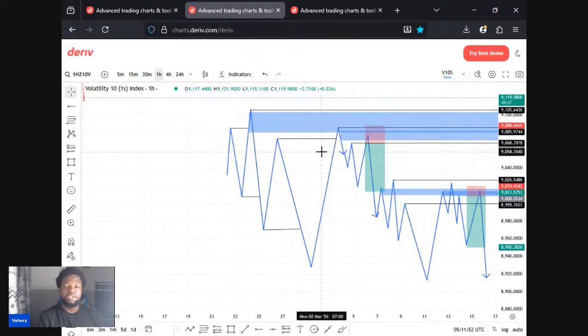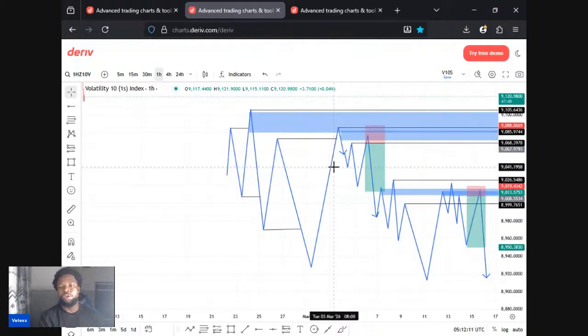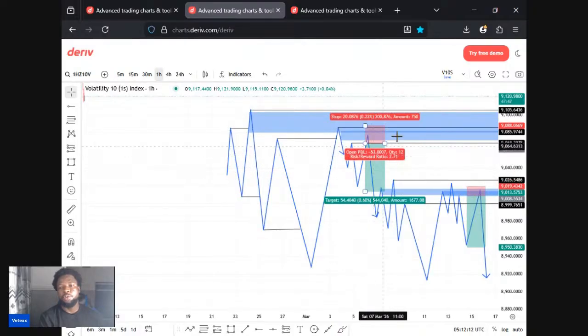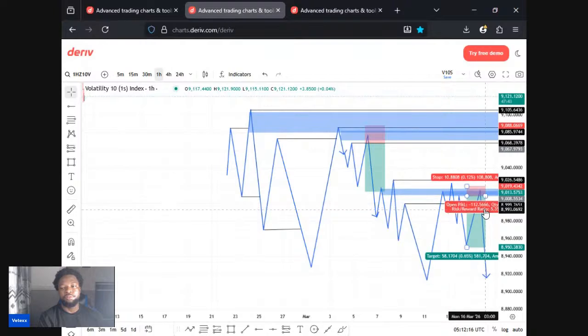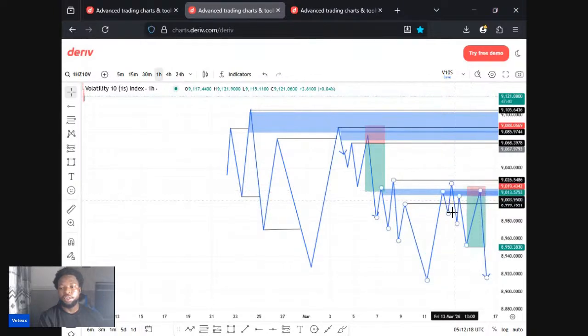It's the same thing that is happening on the higher time frame. It's the same thing that should happen on the lower time frame. Once you get a direction or a structure on the higher time frame, you go into the lower time frame structure, such as the 1 hour or the 4 hour or the 30 minutes time frame, and look out for a continuation structure there. And once price gives you that, you can then enter the trade and sell to the downside.